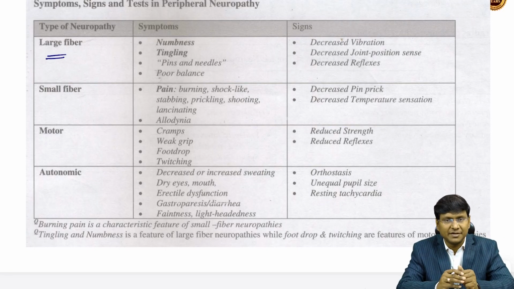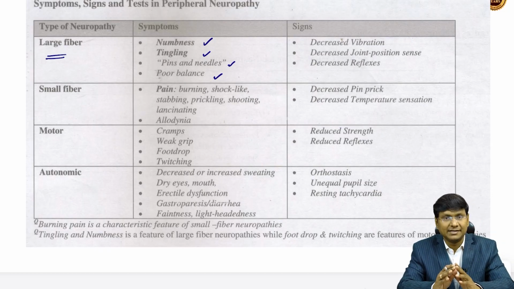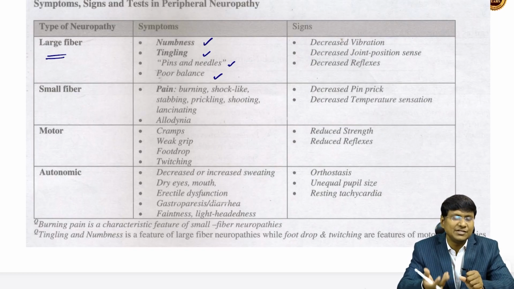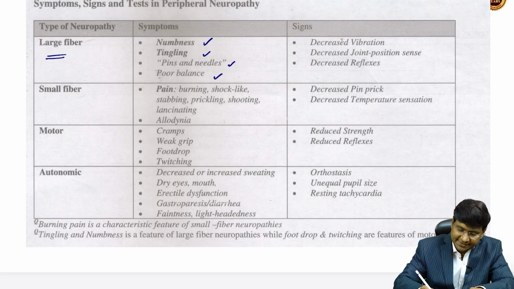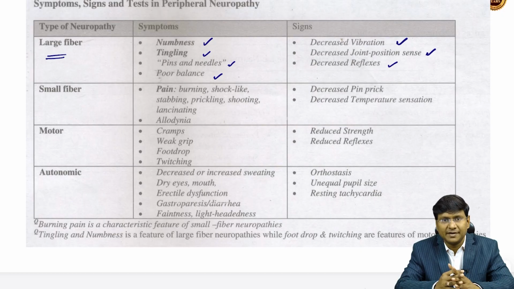The features include numbness, tingling, pins and needles as well as poor balance. And the signs of the large fiber involvement will be decreased vibration, decreased joint position sense and decreased reflexes.